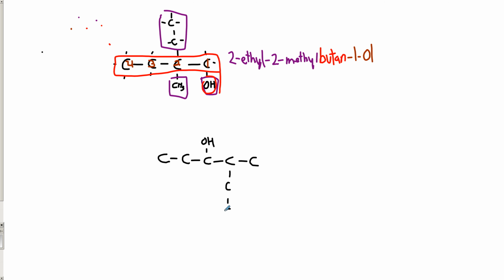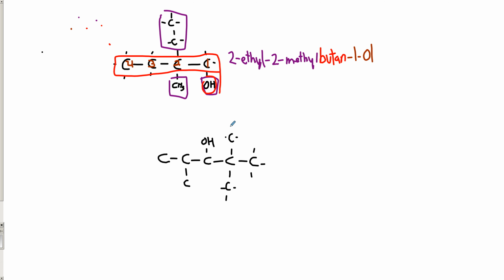I can't do that. One sec. I'm going to erase that. Let's do another carbon there. And let's do another carbon there, and we'll put our tickies on there. Tick, tick, tick, tick, tick, tick. There we go.